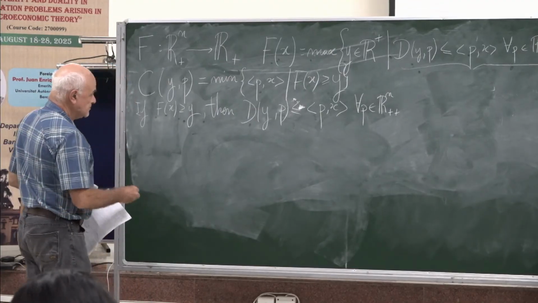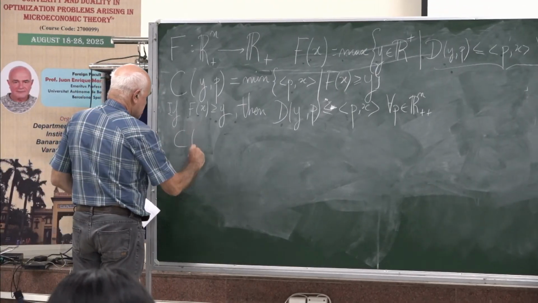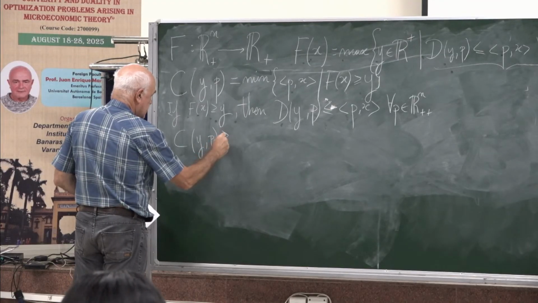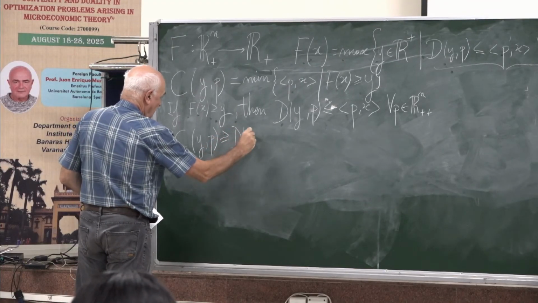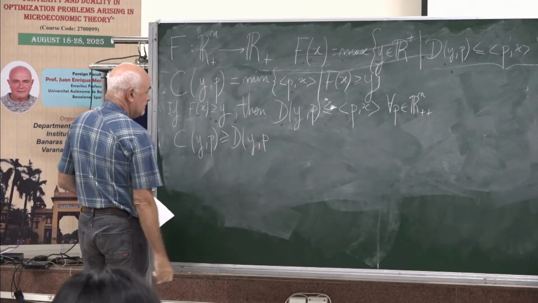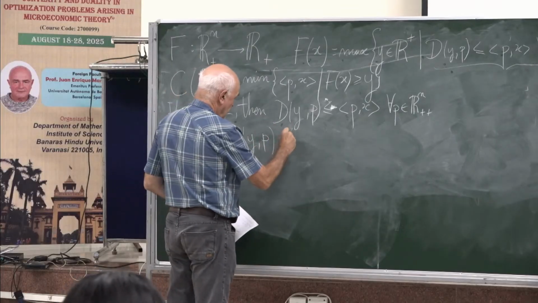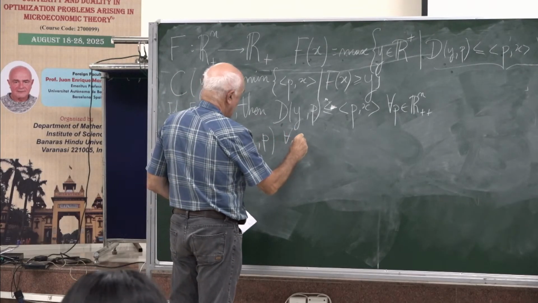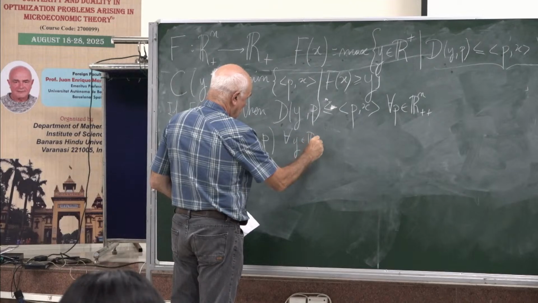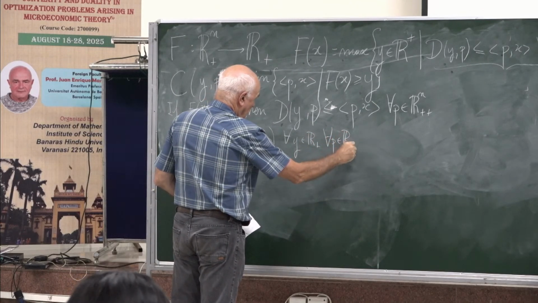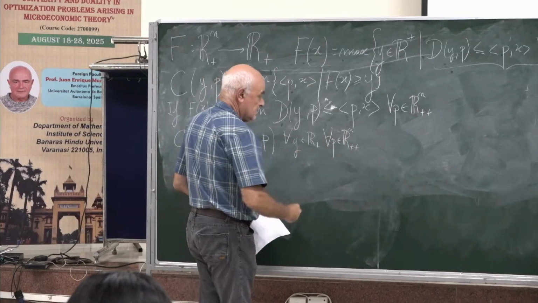Okay, so we have that c of yp is greater than or equal to d of yp. And this is true for every y and every p in R plus plus n.